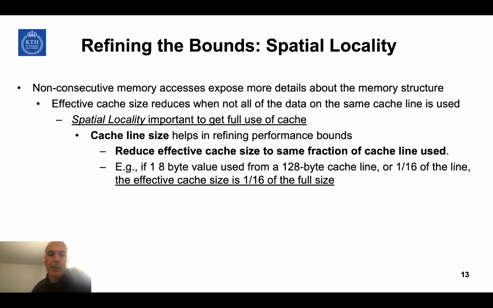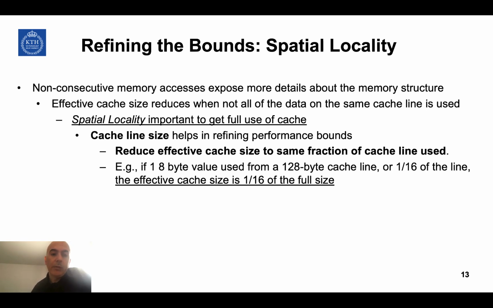So the effective cache size is reduced when not all the data on the same cache line is actually used. It's important to have spatial locality in our algorithm, and spatial locality is particularly important to get full use of the cache line size.